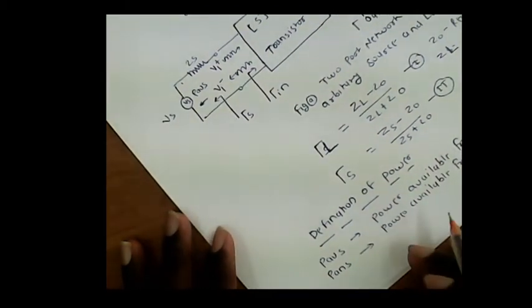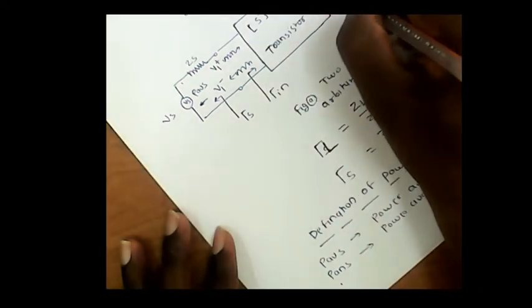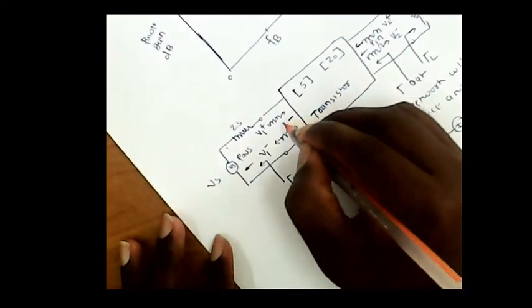Then we define the power available from the input network, P in here, and the power available from the output network, that is PAN, here to the output network.